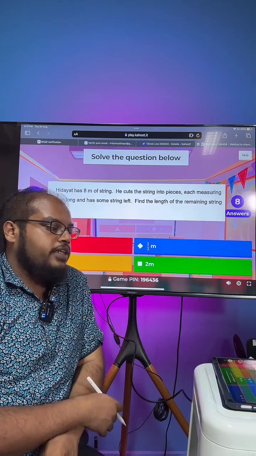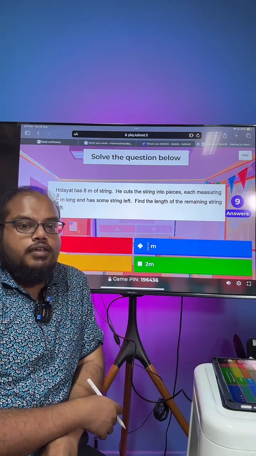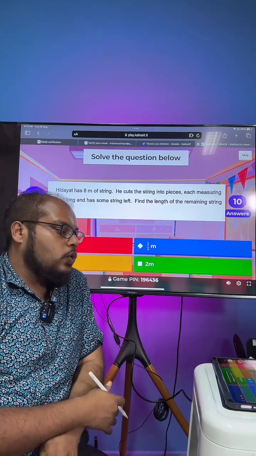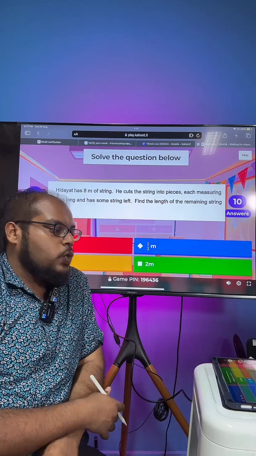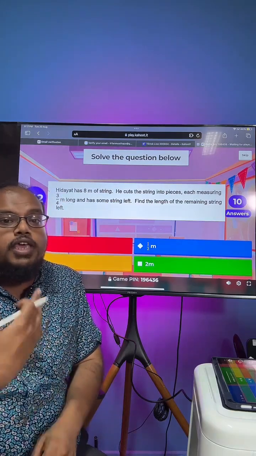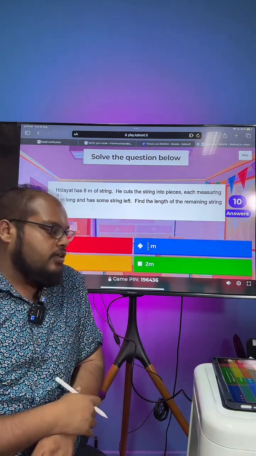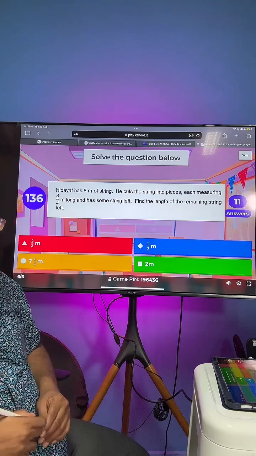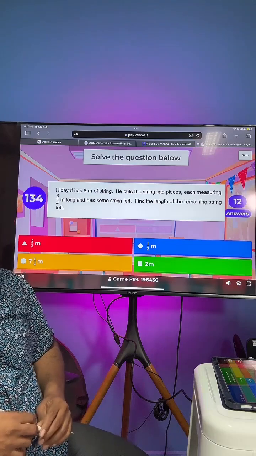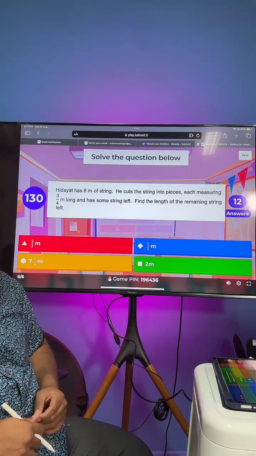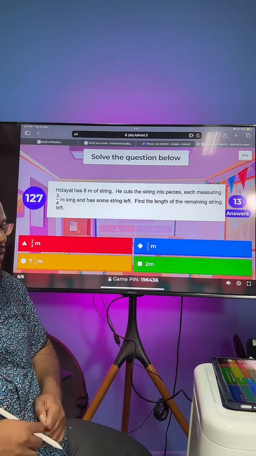Find the length of the remaining string left. Those who have been practicing fractions may have seen this kind of question again and again. The red is 2/3 meter, the yellow is 7 and 1/4 meter, the blue is 1/2 meter and the green is 2 meter.